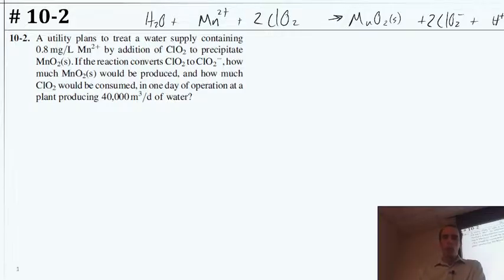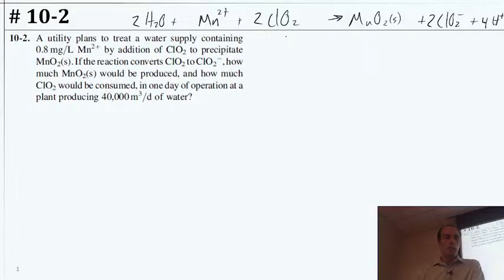So if we add 4 H plus, that's going to balance us to get both sides to a net 2 plus. That means we need 2 waters on the right to balance out those protons. And if we go through and check that, we have 2 oxygens in the waters, 4 oxygens in the 2 ClO2 here, 2 oxygens in the MnO2, and 4 oxygens here. So we're all balanced. So we need some balanced equation like that.